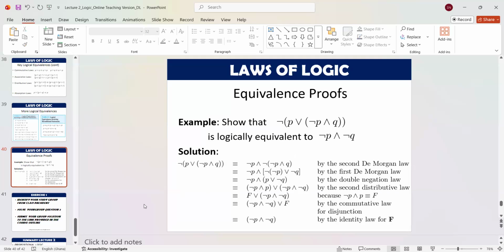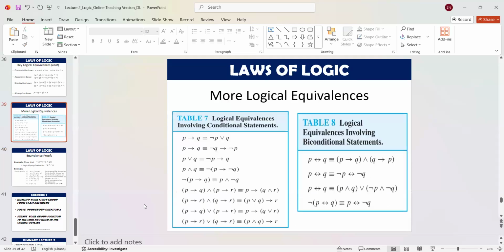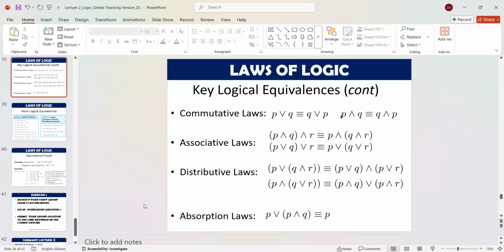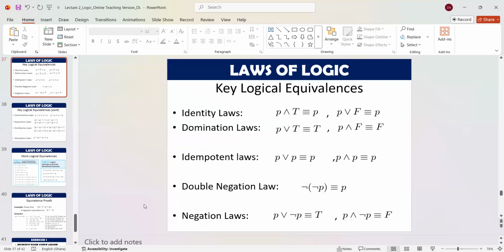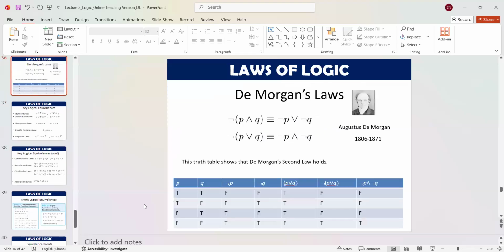I have highlighted these laws in the table here. But I don't want to burden students with learning all these rules and laws before they can solve a problem that you can use the truth table to do. I only add this as a bonus. So today, this is the whole lesson on logical equivalence and, at the same time, valid arguments.